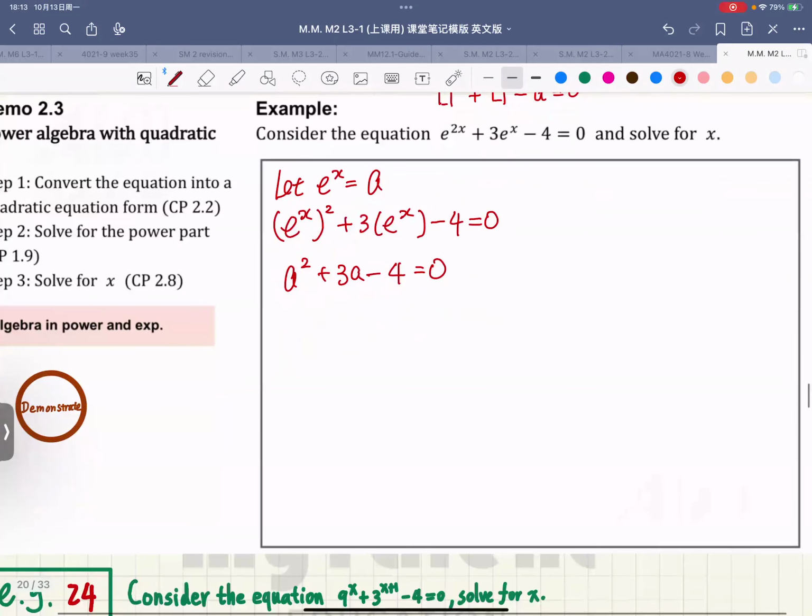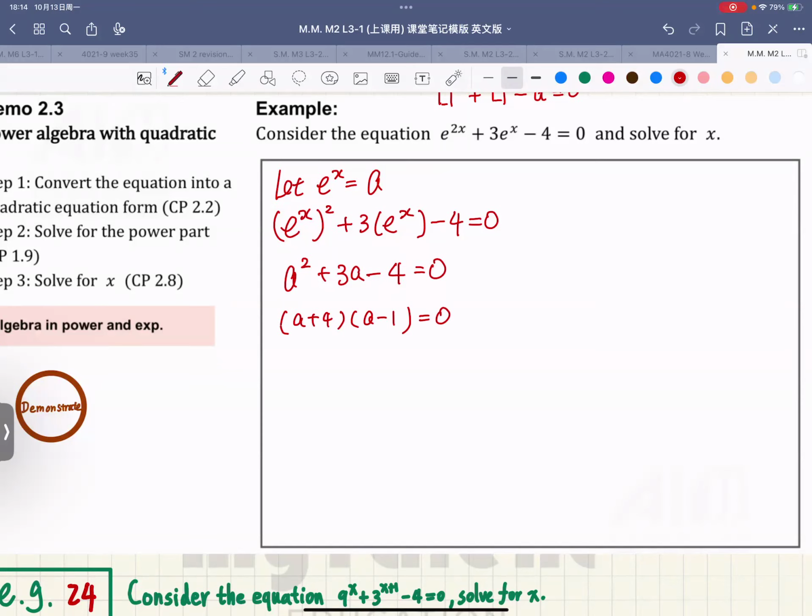Right? Now, can we solve this? Can we factorize this equation? Are you guys confident with factorizing? Cross method? All right. Let's factorize this one. So it's equal to a plus 4, a minus 1, by the cross method, factorize, is equal to 0, right? That's year 10 math.